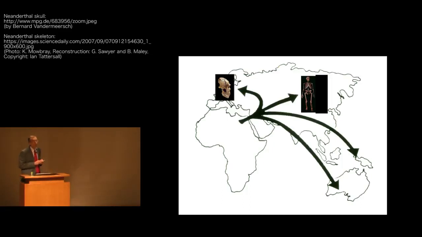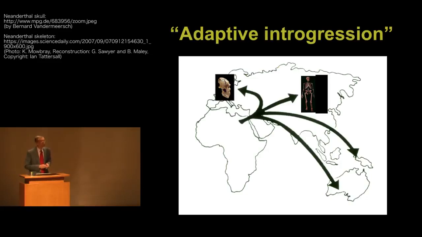They mix a little with these groups, so they fish out genetic variants that are advantageous in those environments, and they rise to high frequency. So it's a phenomenon that we call adaptive introgression that's quite well known from some animal species, but has not yet been thought of so much in terms of modern humans' origins.